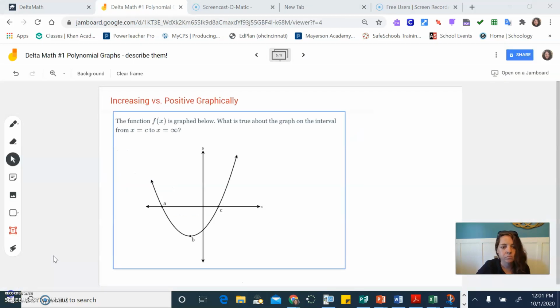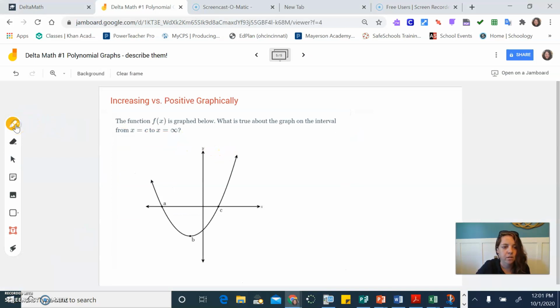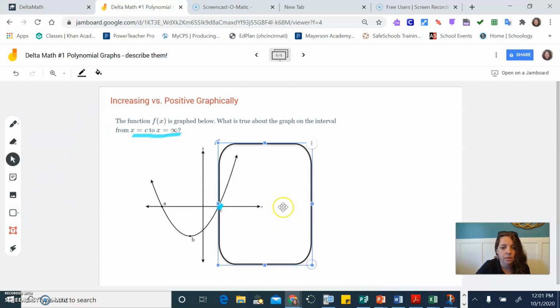Next. Okay, so we got to figure out which part do they care about in this. They're asking from x equals c to infinity. So if I'm starting at c and then going to the right, let me draw a little box around that area. C and then to the right, towards infinity, although we will never get to infinity.